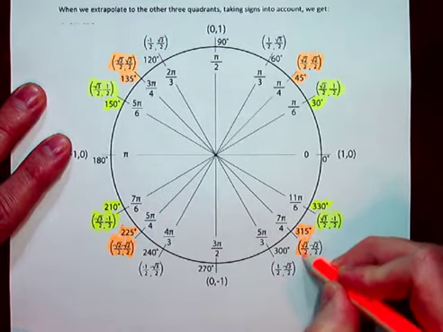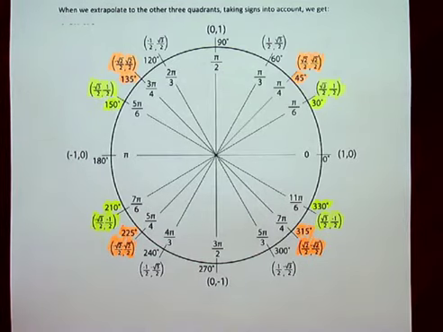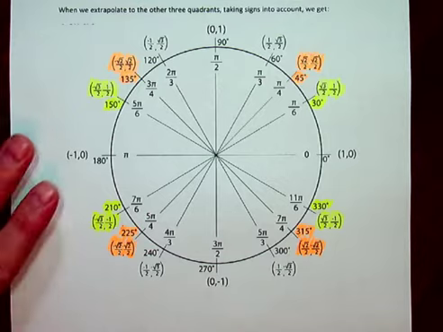Positiveness and negativeness. It changes as it goes around based upon which particular quadrant it's in, but it still has the same distance. And of course, distance is always positive, right? It has to do with the magnitude, the absolute value of a number, and not its direction, not its positiveness and negativeness.